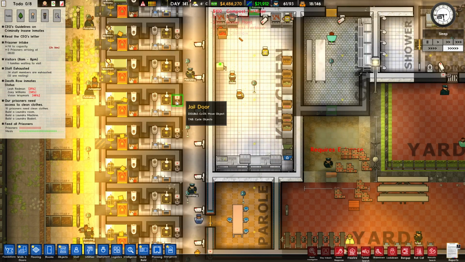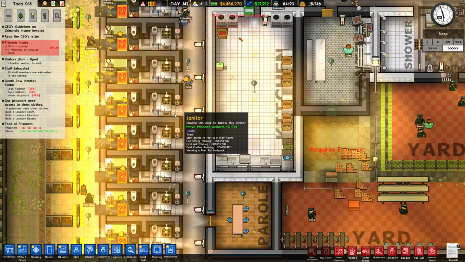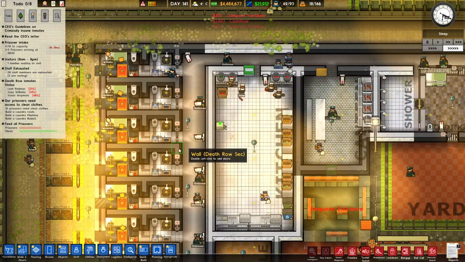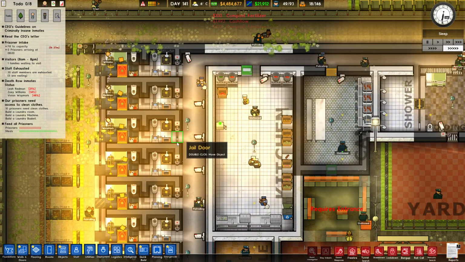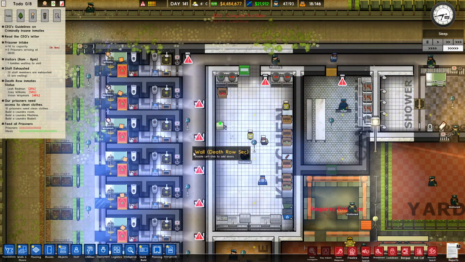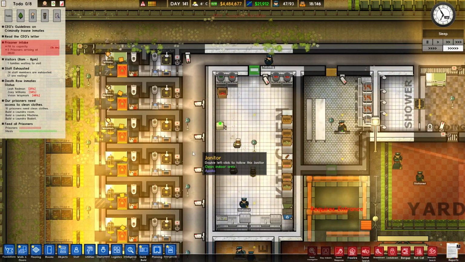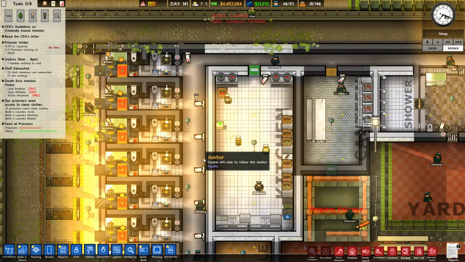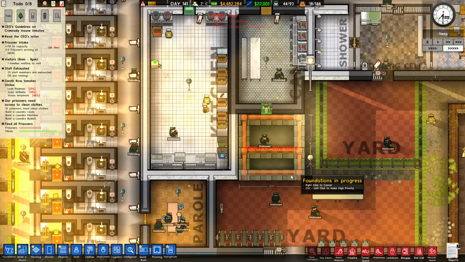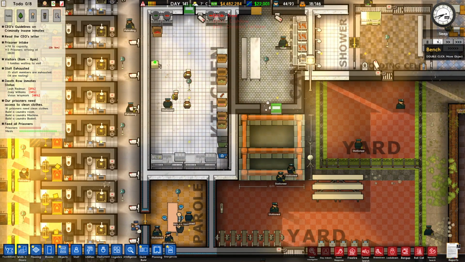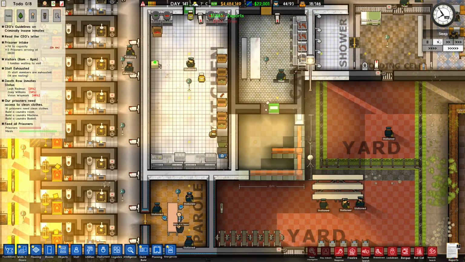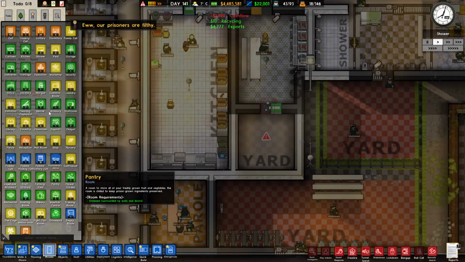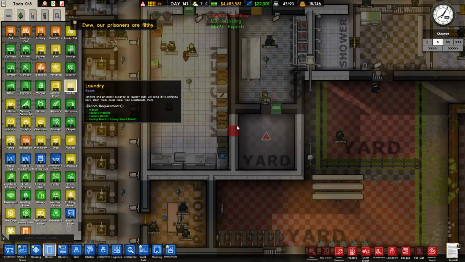The server is showing it's because it's a cell. It's not occupied. There we go. No, I don't want it to be a yard. Let's change that.